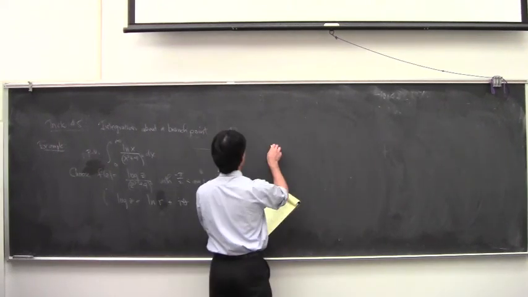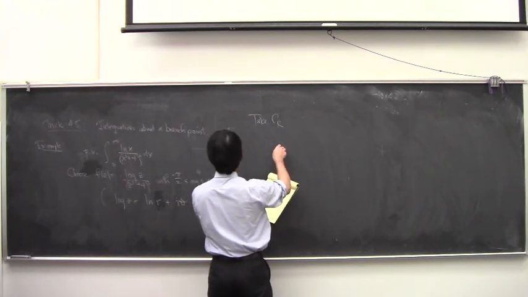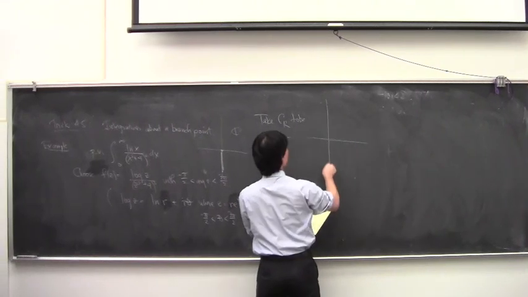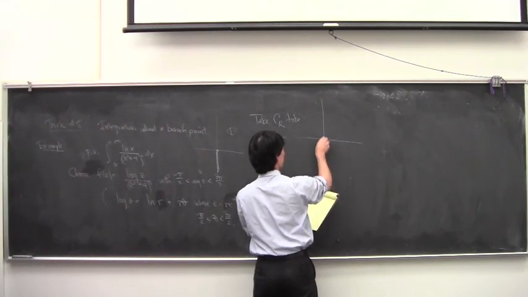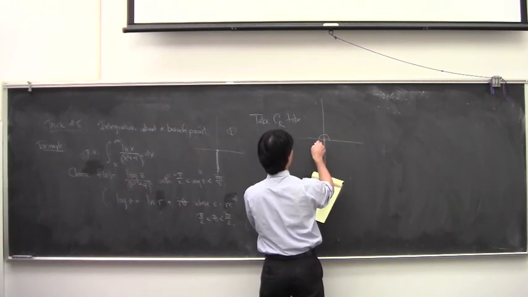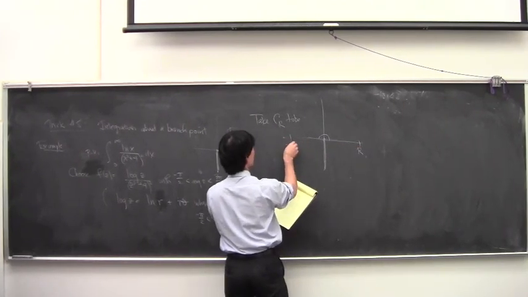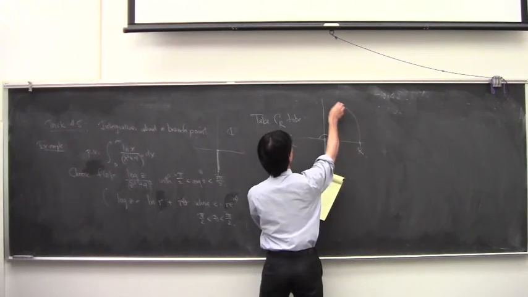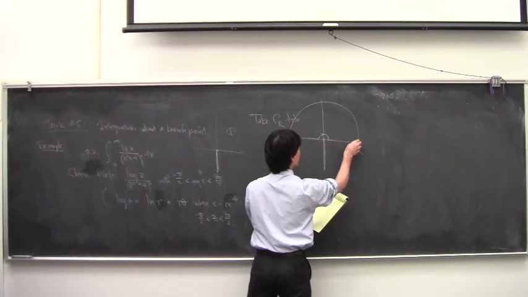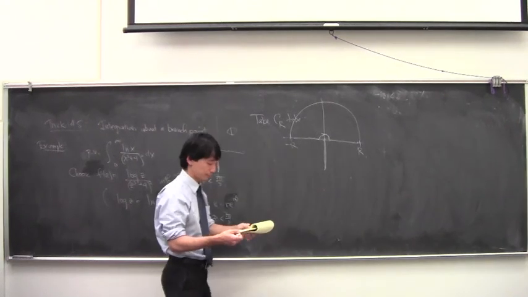Okay. So take C sub R to be this contour. Here's our cut in the plane again. Call this R, and this negative R. I'm going up here, and you come back over here, and you avoid the origin, because that's where the cut is.